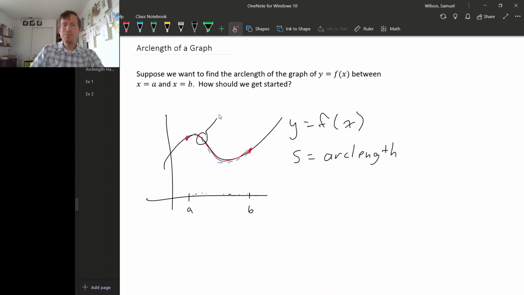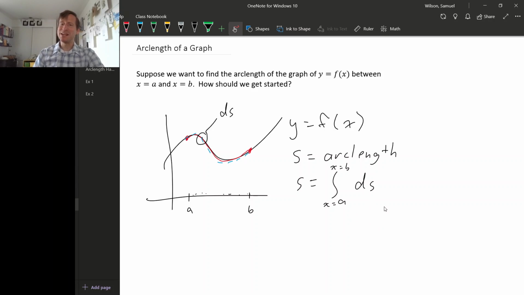So each of these little pieces will be called ds. And so if we can find some nice way to express ds, then the total arc length will just be the integral from x equals a to x equals b of ds.